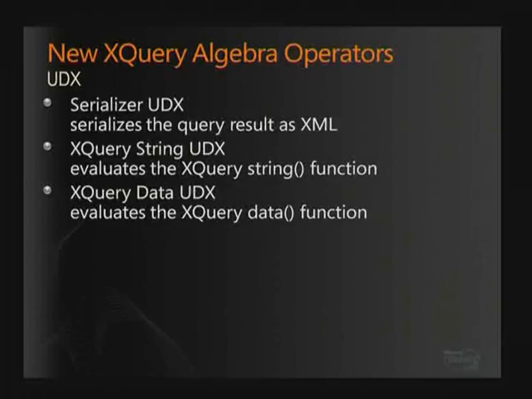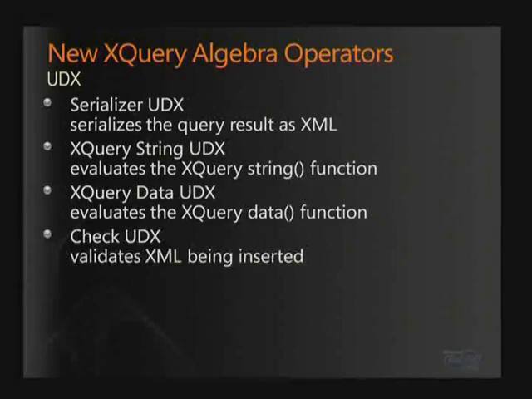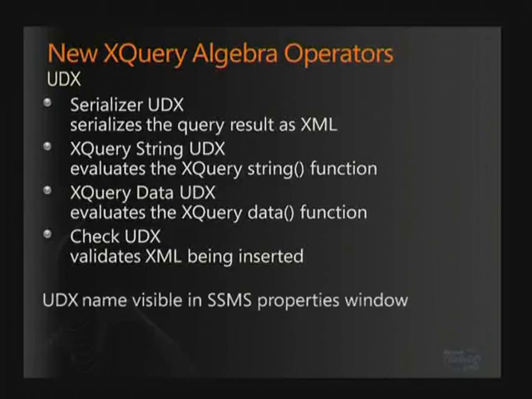The data function, in some cases, and we will see that later, might actually be transformed into a string UDX. There's a check UDX that is doing validation if I insert XML or update XML. And the actual UDX name is visible inside the SQL Server Management Studio property window. So you see it there. In the show plan itself, it just says UDX.